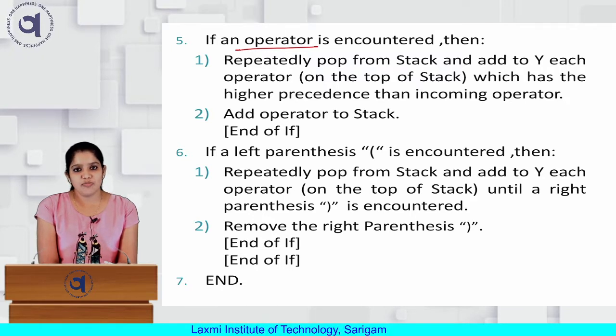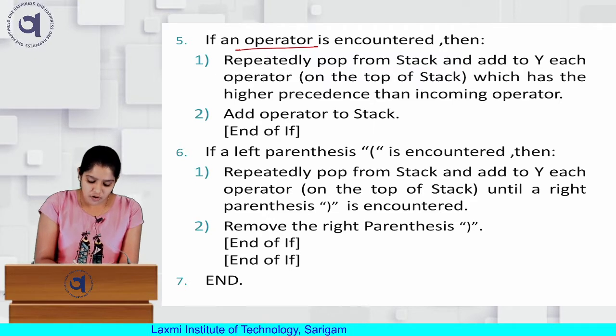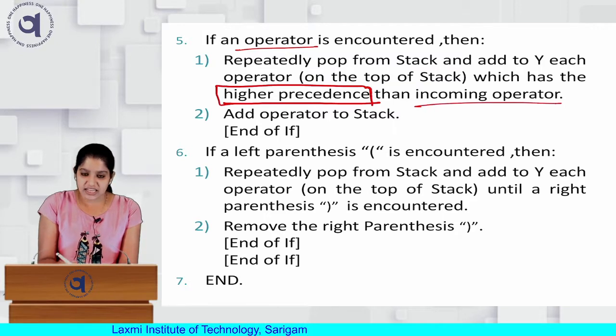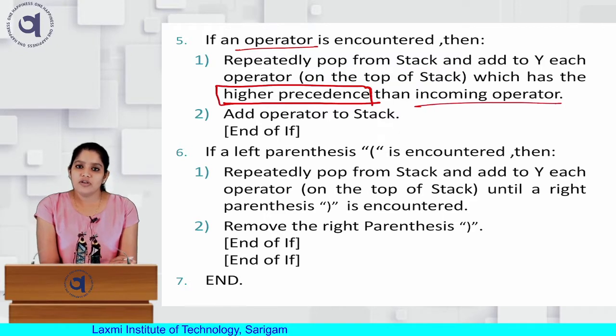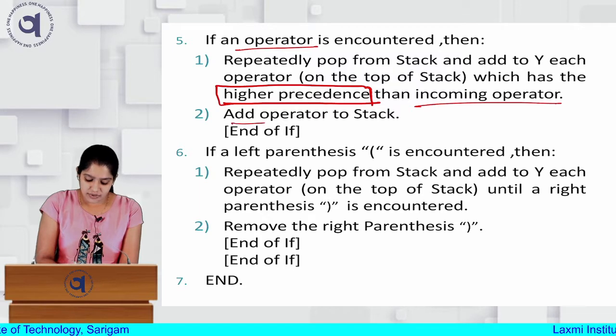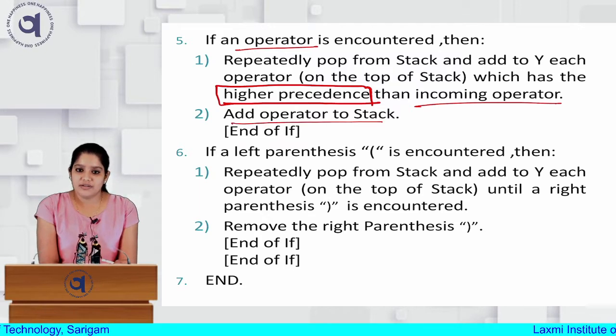At that point we need to check the precedence. We should follow this criterion: it should have higher precedence than the incoming operator. If it is like that, then we simply pop the element which is available on the top of the stack and push it to y. And if it is not like that, then we simply push the incoming operator to the stack, right. So, that is our second one, add the operator to the stack.